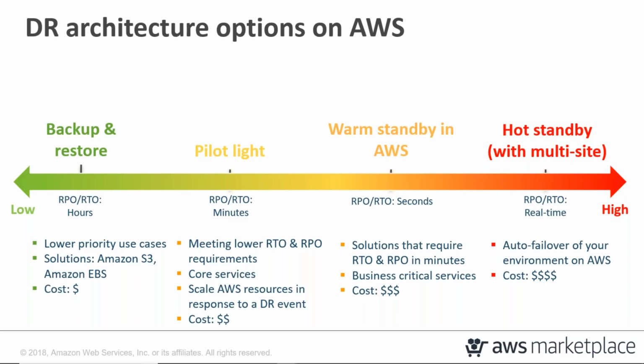They go all the way from just utilizing backup and restore for disaster recovery, to a pilot light scenario, in which you have a small set of services available that you can expand during a disaster, to warm standby, where you can have your base services available to be spun up quickly in an AWS environment, to the quickest recovery method, which is a full hot standby, where your application is actually fully running in multiple sites or multiple AWS regions.